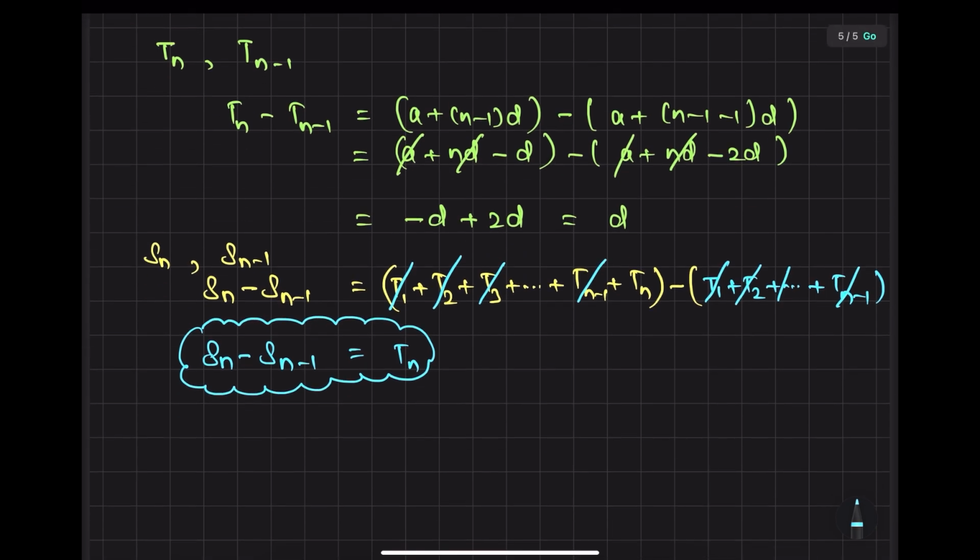Similarly, Tn minus Tn minus 1 will give you the common difference, and it is applicable for arithmetic progression only.